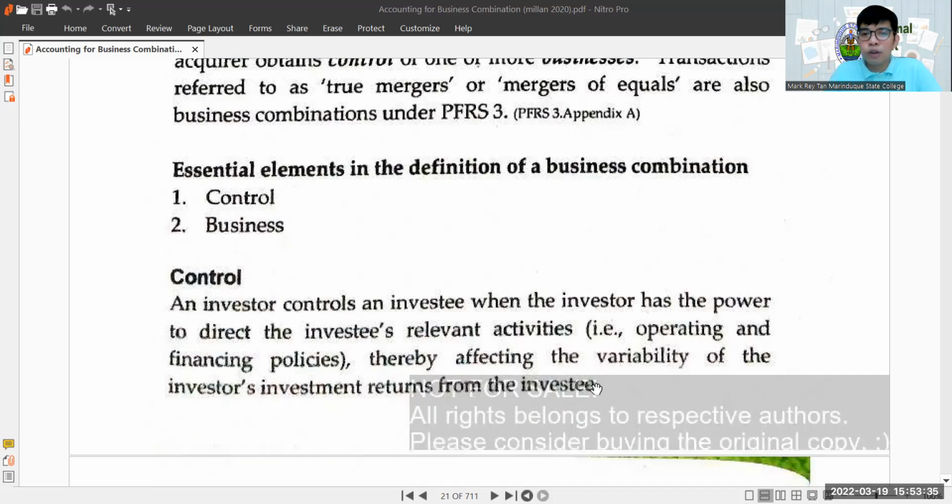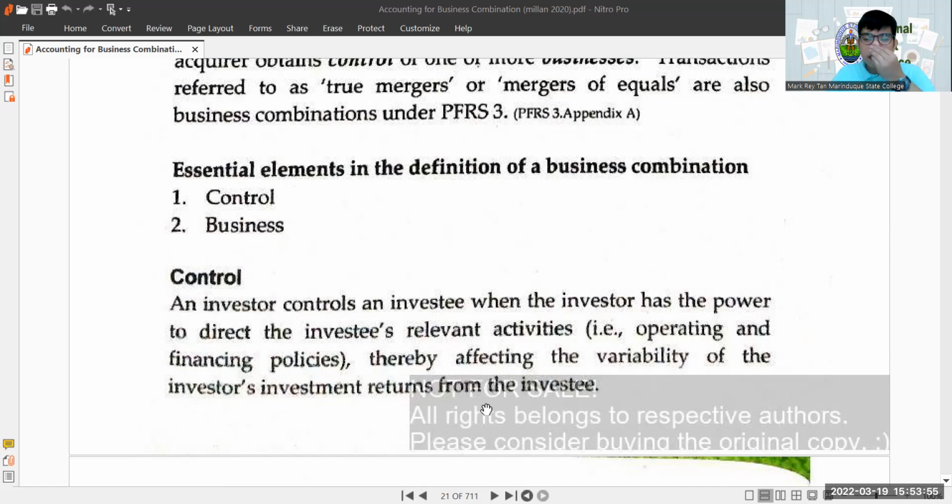So if the acquirer, meron siyang capacity na siya na yung magmamanage ng operations and policies of the business, nandun yung manifestation ng control. Thereby affecting the variability of the investor's investment returns.